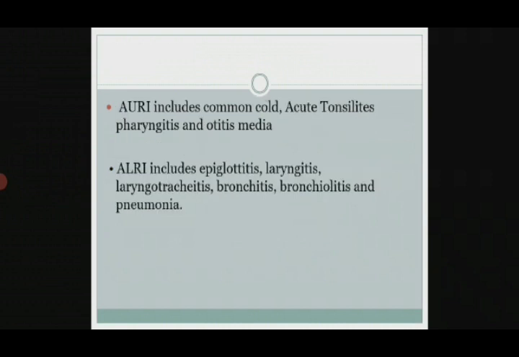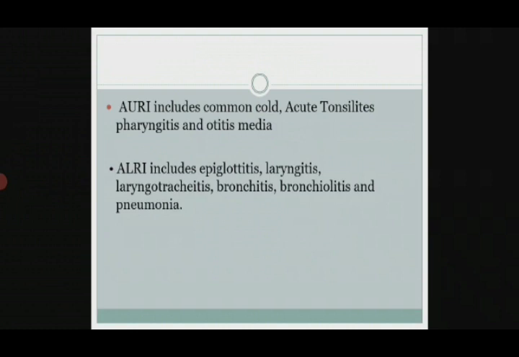Upper respiratory tract infections include acute rhinitis, what is commonly called common cold, acute tonsillitis, that is inflammation of tonsils, pharyngitis, inflammation of pharynx, then infection of the middle ear, acute otitis media.